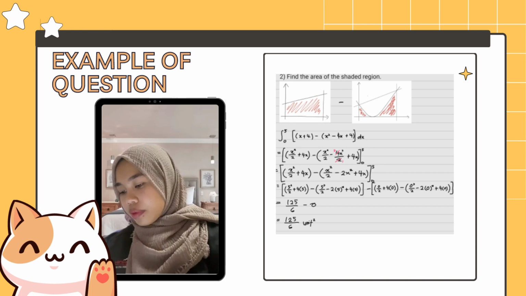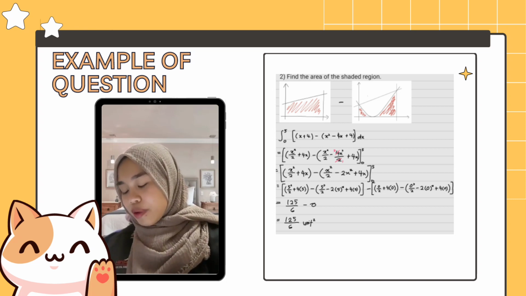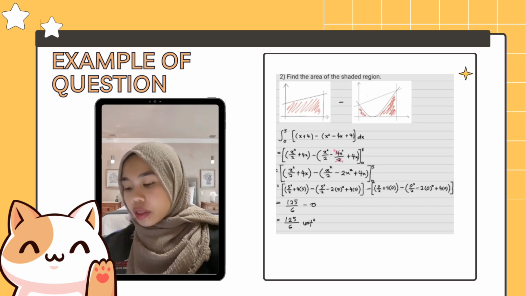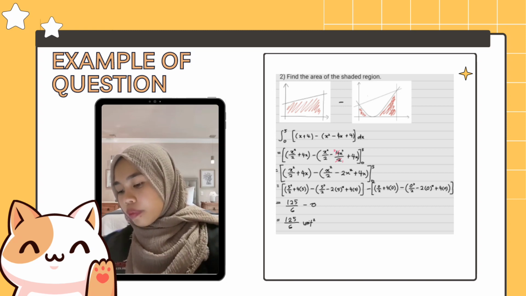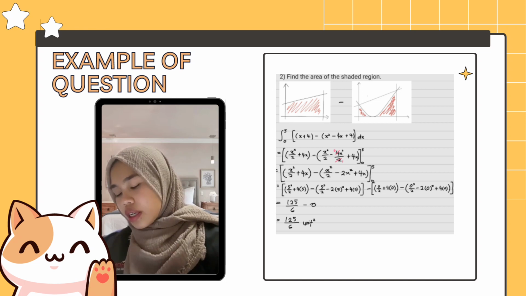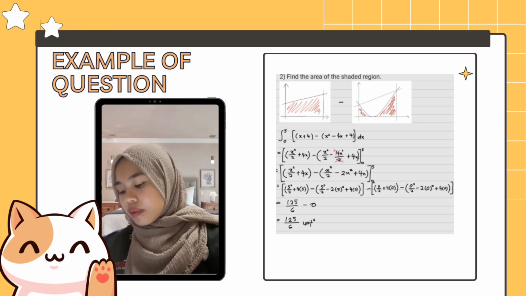After simplifying the equation, we get x^2/2 + 4x minus x^3/3 - 2x^2 + 4x with limits 5, 0. Then substitute the limits into the equation. So we get 125 over 6 minus 0. So here we know that the area of the shaded region is 125 over 6 unit squared.